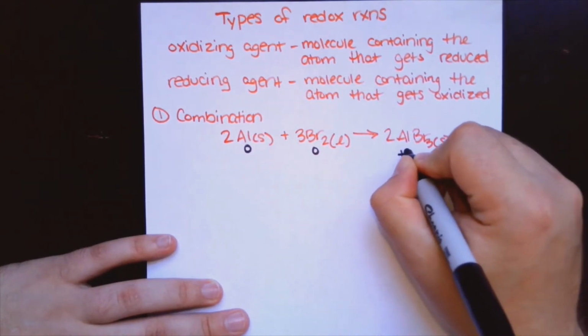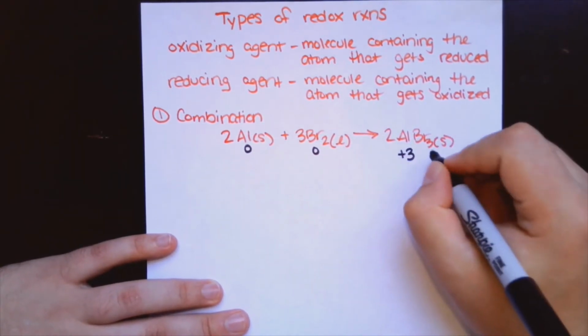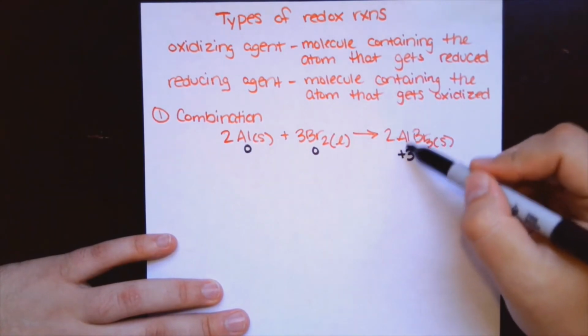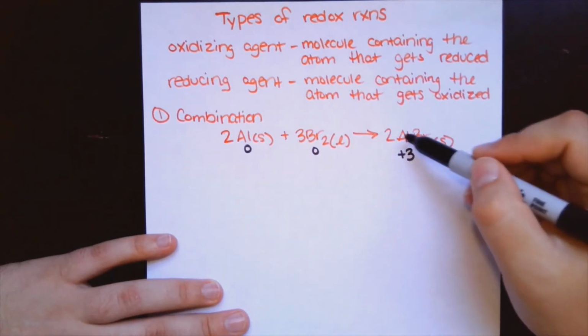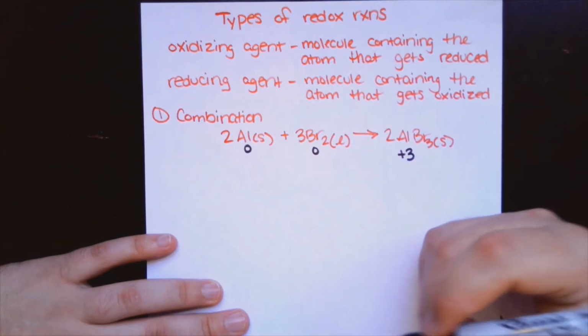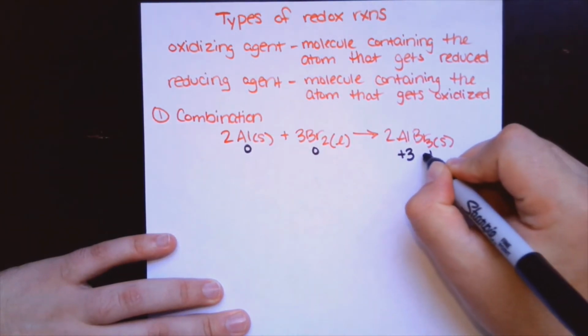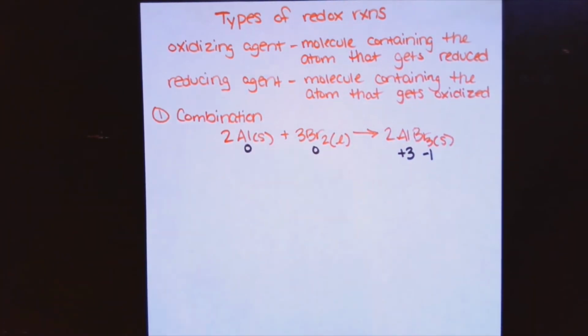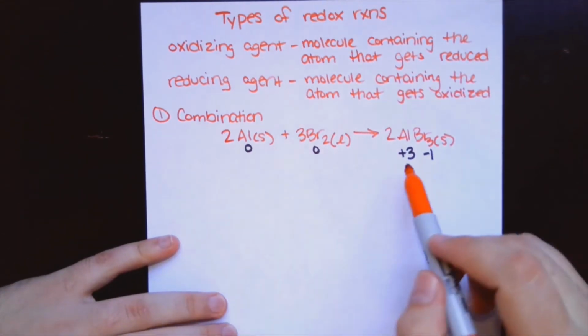So aluminum forms +3, and bromine, to cancel out with this +3 and give a sum of 0, has to be -1. So that means aluminum is going from 0 to +3.